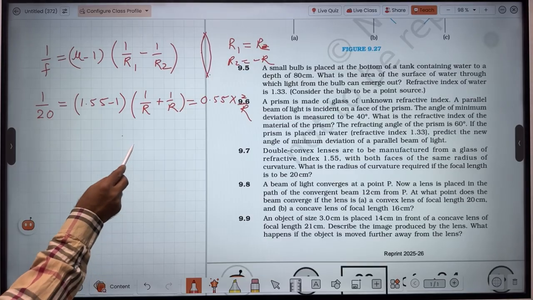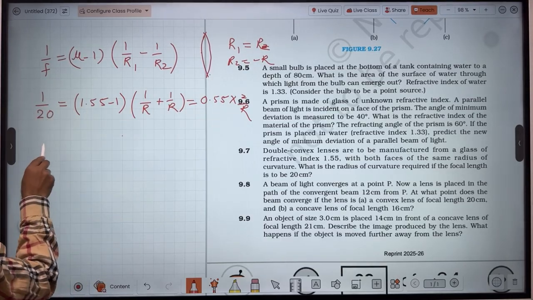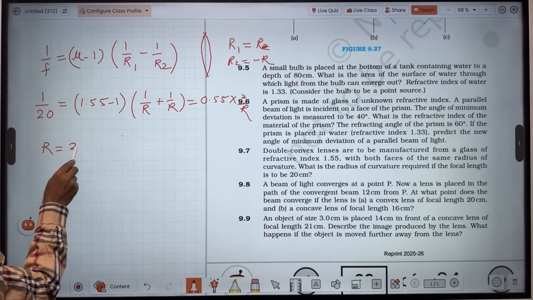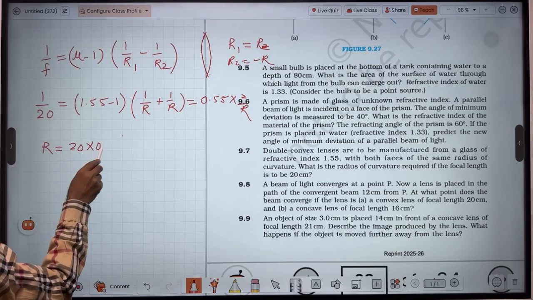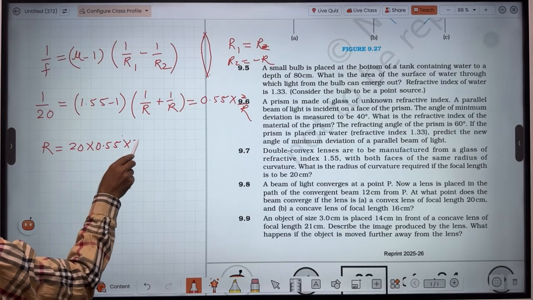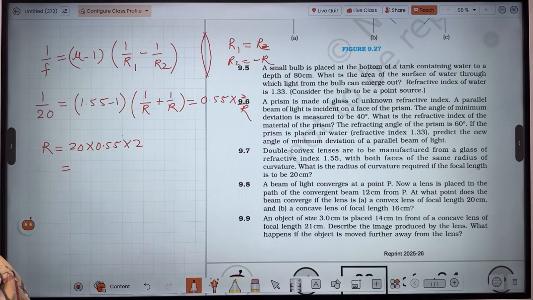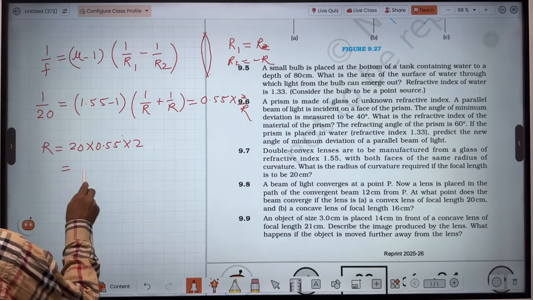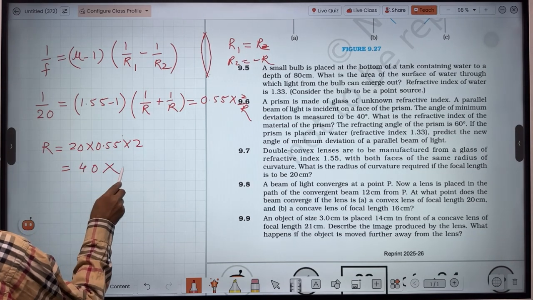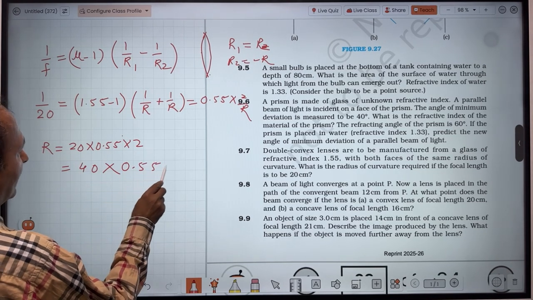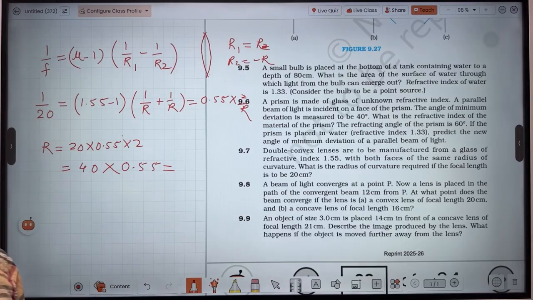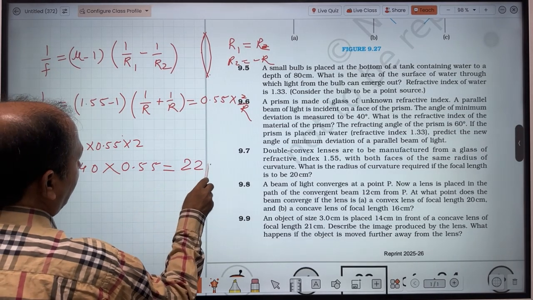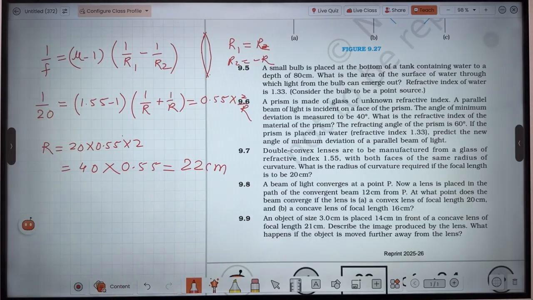So our concern is to get r, so we can multiply this. So r will be equal to 20 times 0.55 times 2. So this will become 40 multiplied by 0.55, and then simplify to get r equal to 22 centimeter. I think this is very clear.